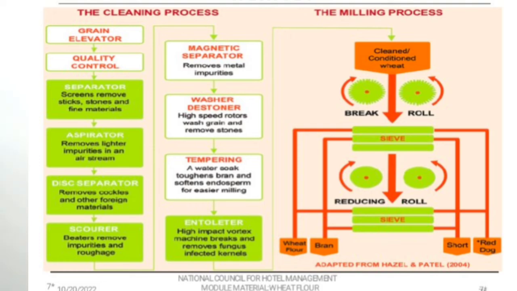Then the scourer. It's a drum-like chamber with a paddle rotating at high speed. It beats the wheat and removes impurities and roughage. Then it is subjected to another chamber with a magnetic field. As it has a magnetic field, it will absorb the metal or iron particles and other impurities with iron content, and they will be removed.